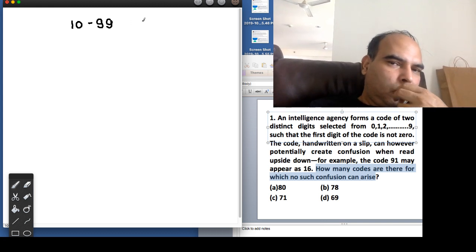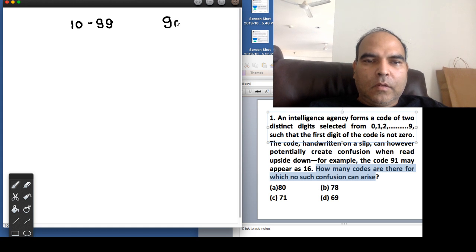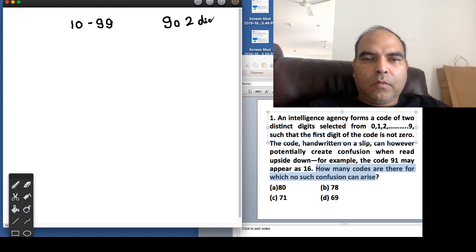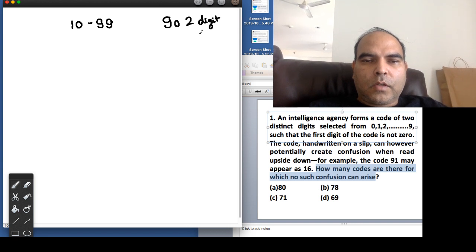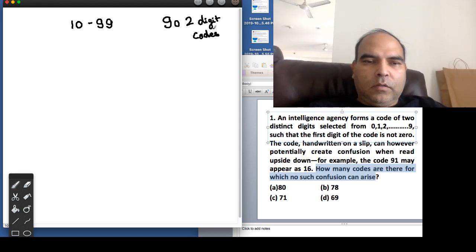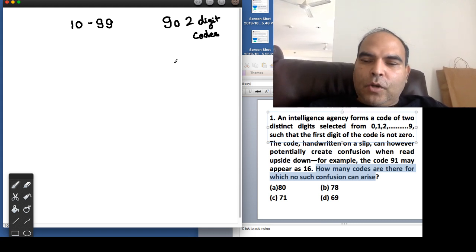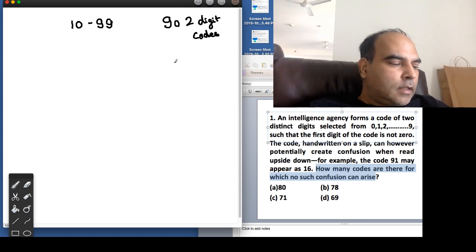There can be 90 2-digit codes that can happen. And out of those 90 2-digit codes, some codes will cause confusion, others will not. So we are looking for how many codes are there for which no confusion can arise.